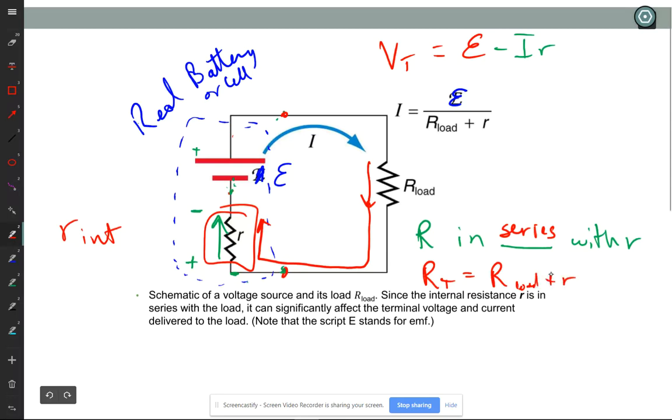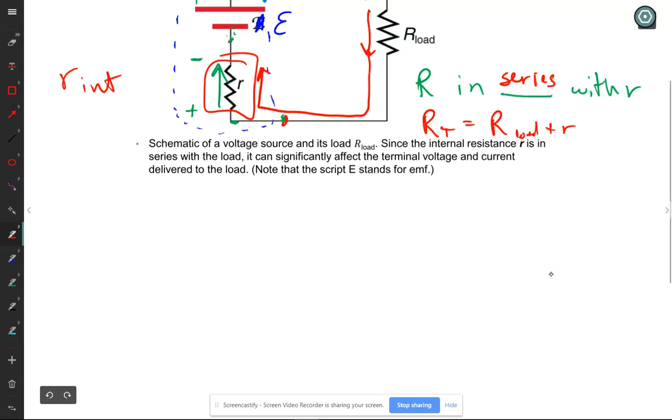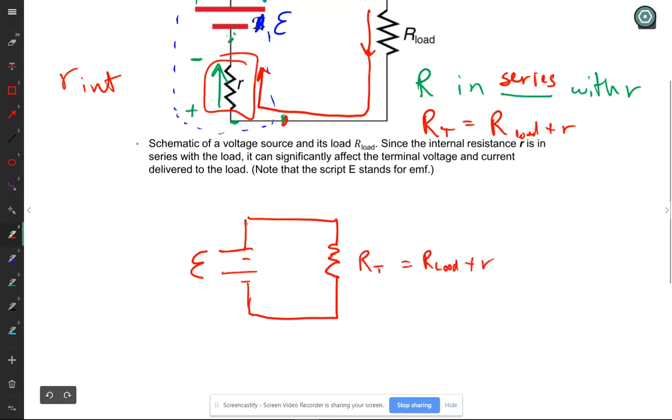And so now I could replace that circuit with a simpler form. Okay, so I change it to a battery. So there's my EMF, and there's R total equals R load plus R. Current, again, should come out of positive and go to negative.